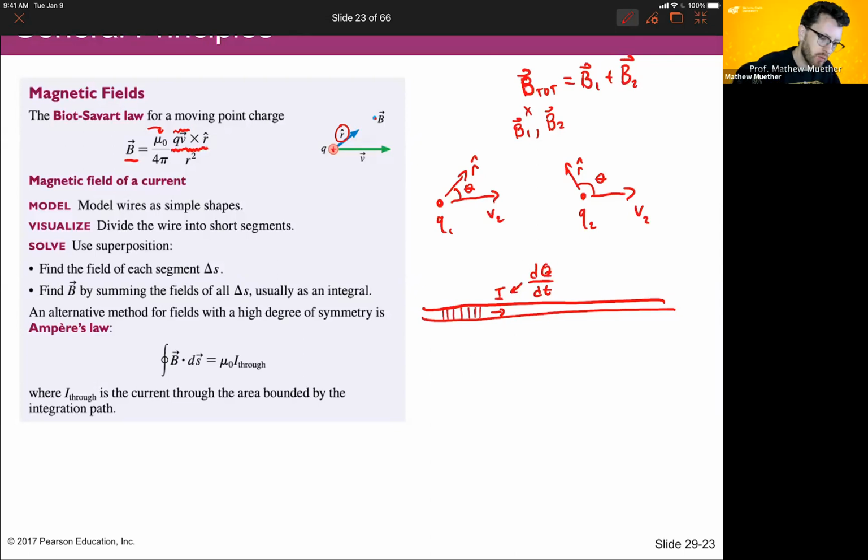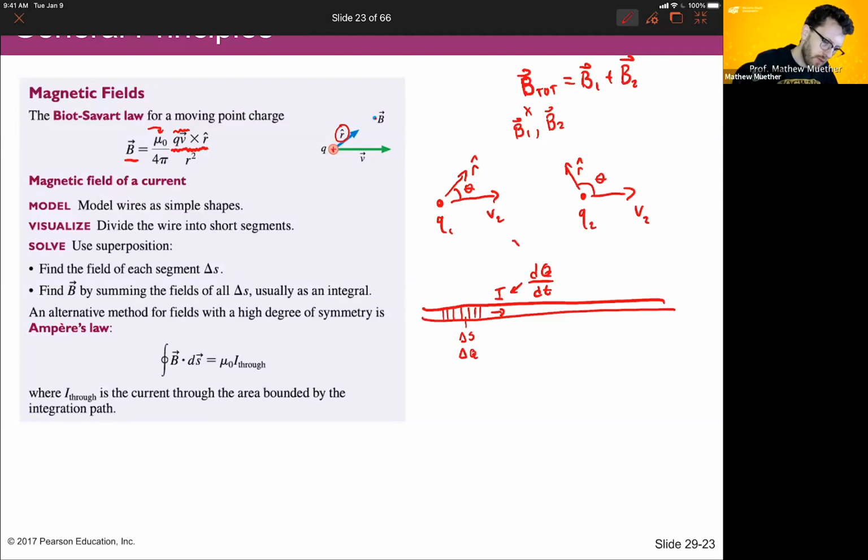What we could imagine doing is breaking this current-carrying wire up into tiny little segments ds, each of which carries some small amount of fundamental charge dq. And so we can think about current-carrying wires like large ensembles of moving charged particles.